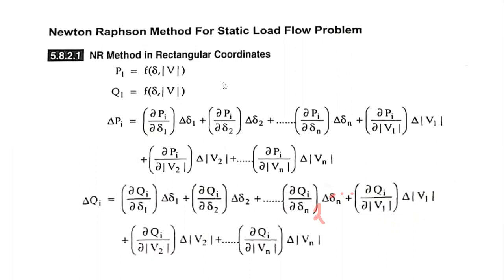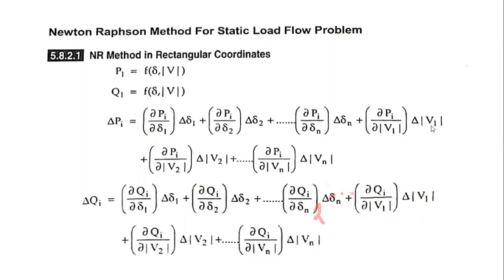Next one is the Newton-Raphson method for rectangular coordinates. Taking P1 equal to f of delta and magnitude of V, Q1 equal to f of delta and magnitude of V. Therefore, we write Pi as dou Pi by dou delta 1 delta 1 plus dou Pi by dou delta 2 delta 2 plus and so on dou Pi by dou delta n delta n.